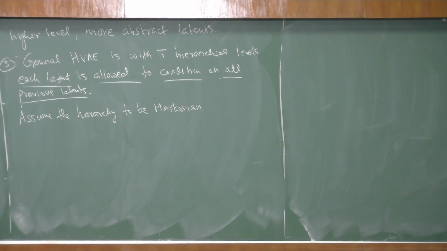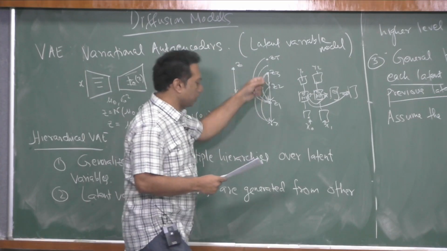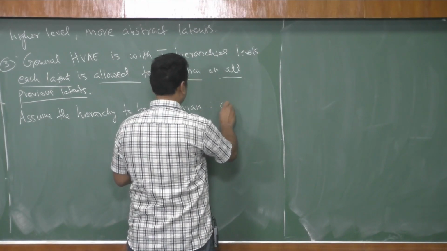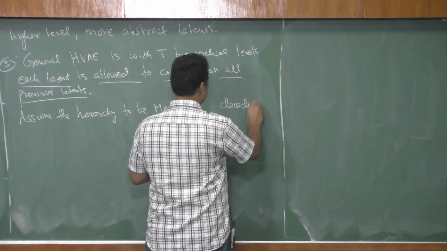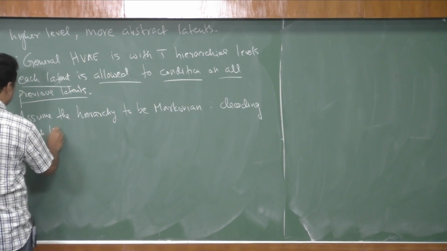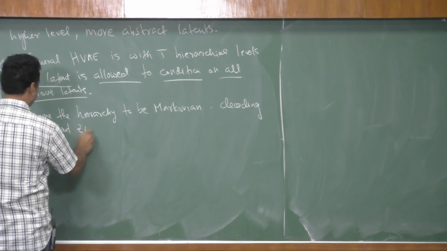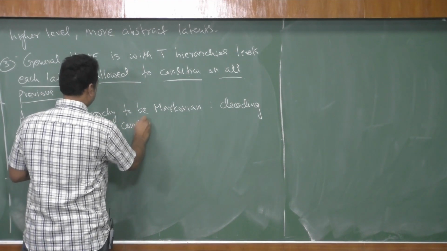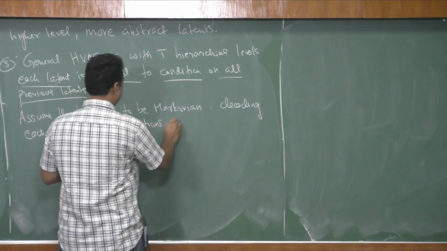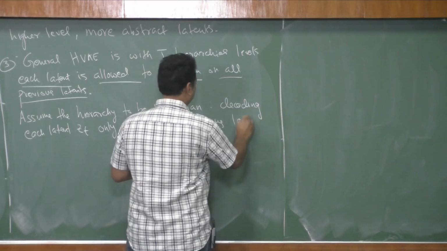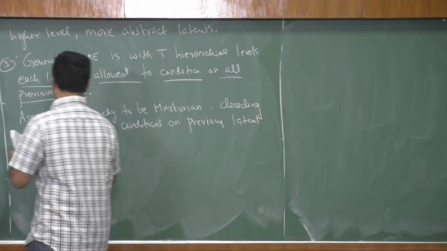Okay, so then as I said, it means that the current one depends on the previous one. So meaning decoding, each latent ZT only conditions on the previous latent ZT plus 1.